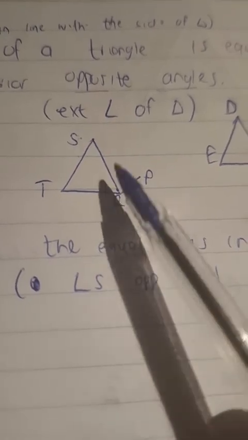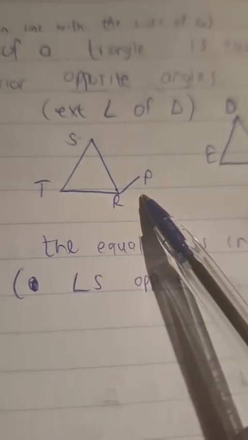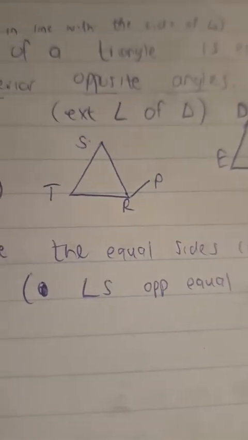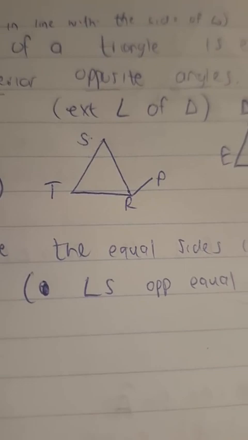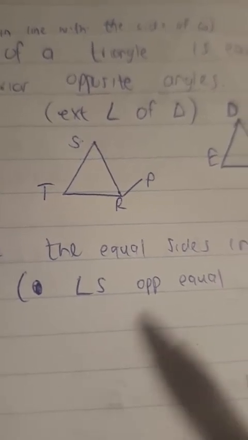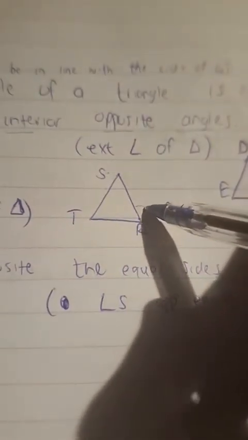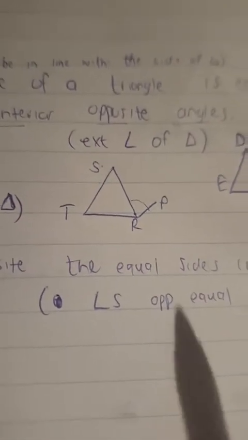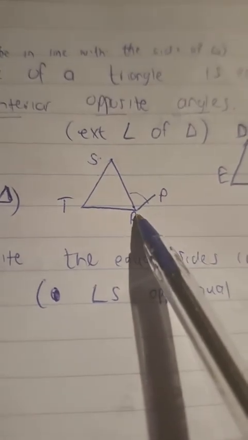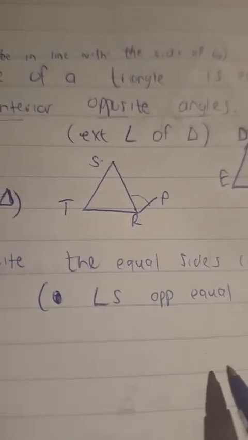So this triangle STR has an exterior angle. The exterior angle that exists is angle SRP. Angle SRP is called an exterior angle. It is, because it is an angle that is outside the triangle.